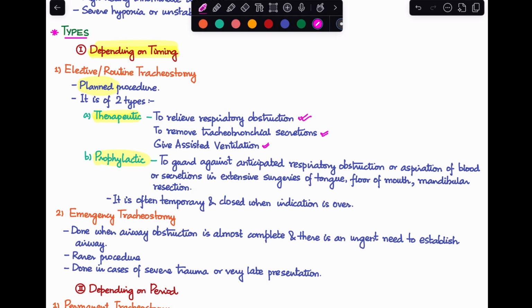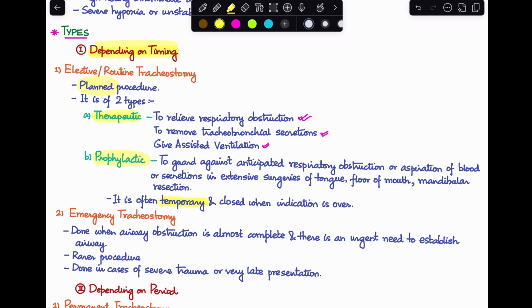Whereas prophylactic tracheostomy is usually done to guard against anticipated respiratory obstruction or aspiration of blood or secretions in surgeries extensively involving the tongue, floor of mouth, or mandibular resection. Usually, these prophylactic cases are often temporary and closed when the indication is over. So we end up closing the tracheostomy later on. So this is about elective tracheostomy, which is a very planned procedure.